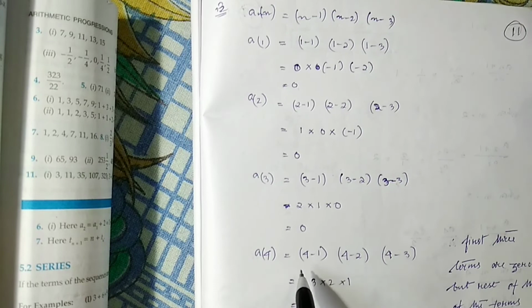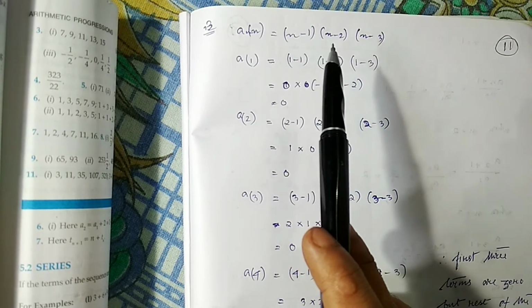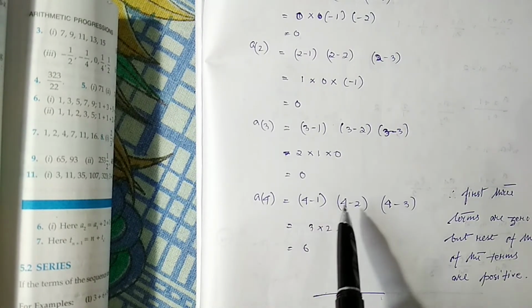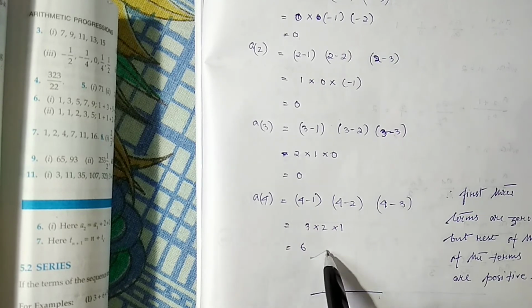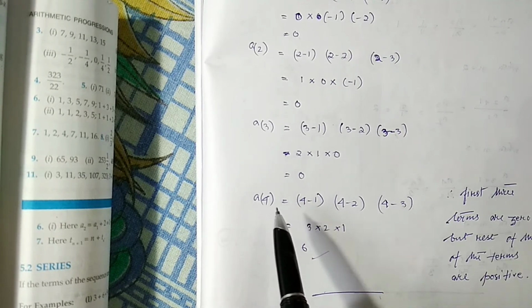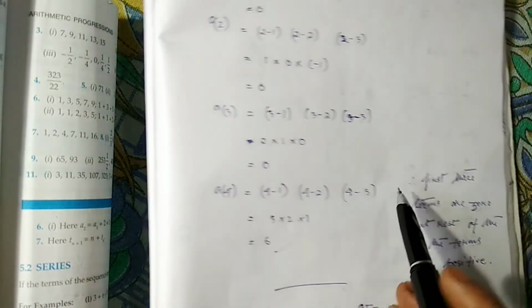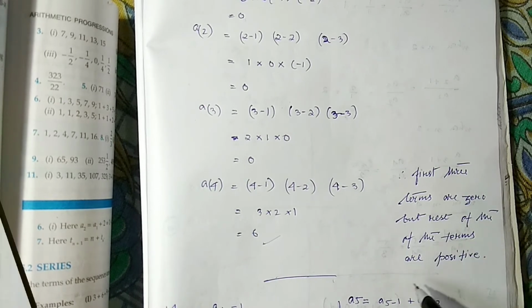But number 4 onwards, if I replace n by 4, 4 minus 1, 4 minus 2, 4 minus 3, all are positive. This part is positive, this part is positive, this part is also positive. That means here we got 6. And if I take 5, 6, 7, in all the cases, all the terms will be positive. So, the first 3 terms are 0, but the rest of the terms are positive.